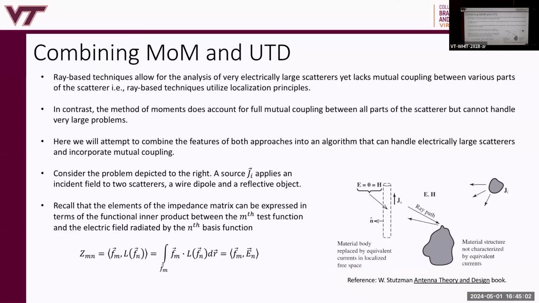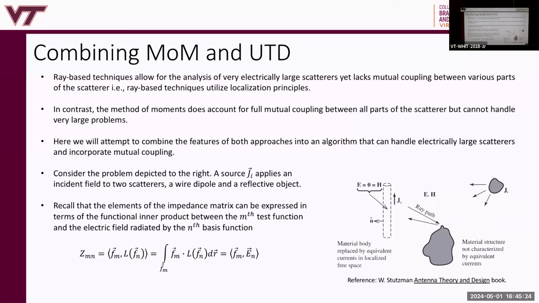Consider the problem shown to the right. A source, J incident, radiates and produces an incident field. It applies an incident field to two scatterers. Here we have some material body, which is modeled using the method of moments, and another scatterer here, which is not modeled using method of moments, all right?